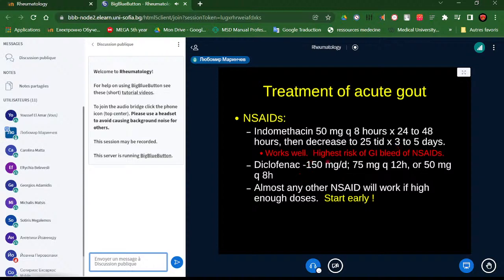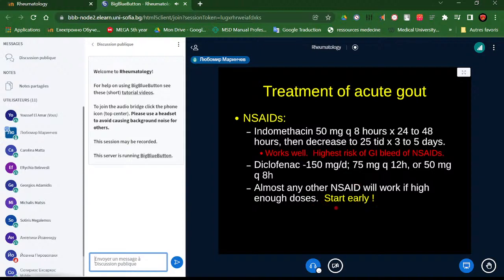It works very well, but there is a high risk of GI bleeding with this non-steroidal drug. Diclofenac is also very good in a daily dosage of 150 milligrams, or 75 every 12 hours, or 50 milligrams every 8 hours. Almost any other non-steroidal will work if given in a high enough dose.